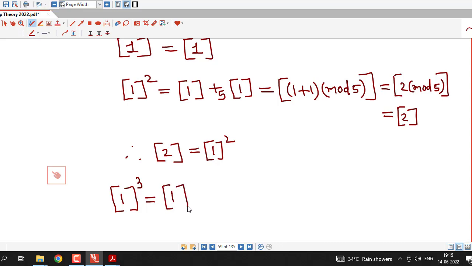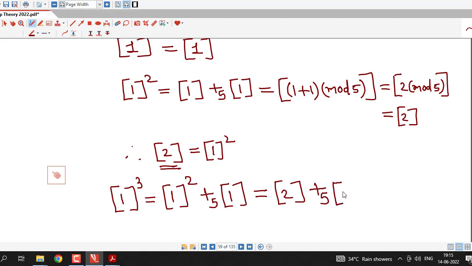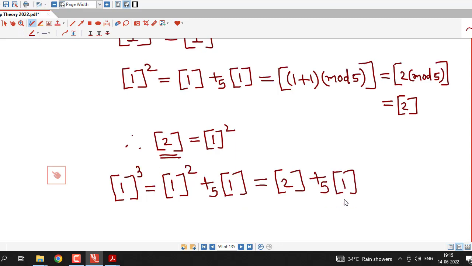So now I try for this. This I can rewrite as 1 squared addition modulo 5 1. Now 1 squared is nothing but 2, so here we replace it by 2. 2 addition modulo 5 1, and this is going to be 2 plus 1, that is 3 modulo 5.